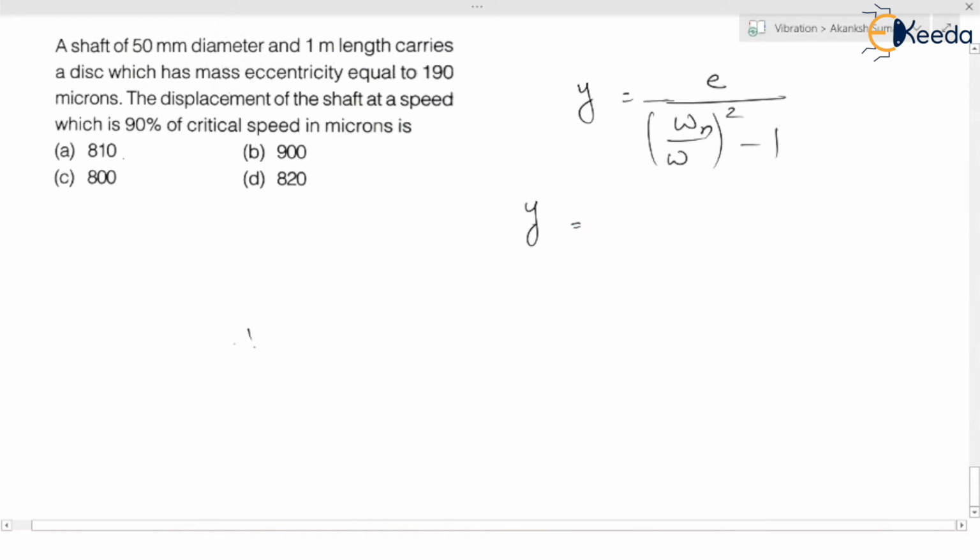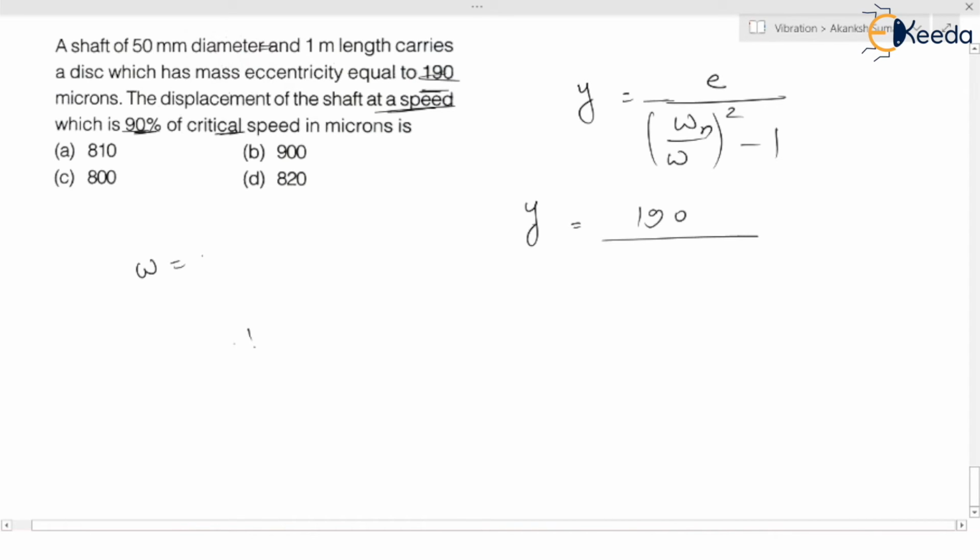Now e is given, eccentricity is equal to 190 micron. So this is 190 upon (omega n by omega)... what is omega n by omega? The statement says the displacement of the shaft at the speed which is 90% of the critical speed, and we know that the critical speed is omega n.